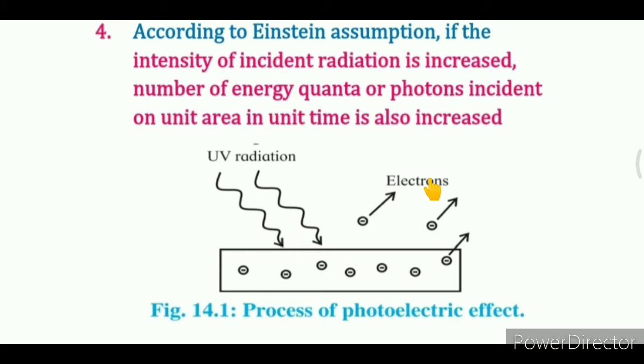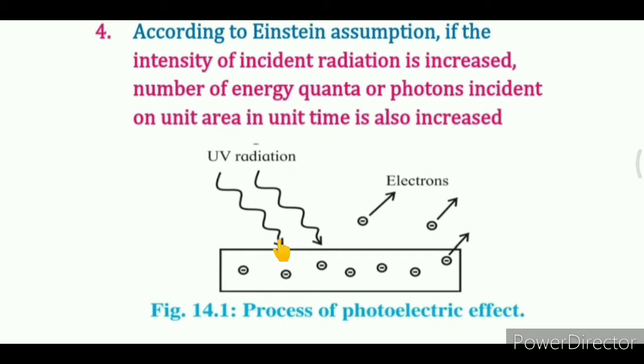Einstein assumed that if we are increasing the intensity of incident radiation, that means we are increasing the number of energy quanta, which is said to be a photon, incident on the metallic plate. Increasing the intensity means we are increasing the number of photons incident on the material plate.